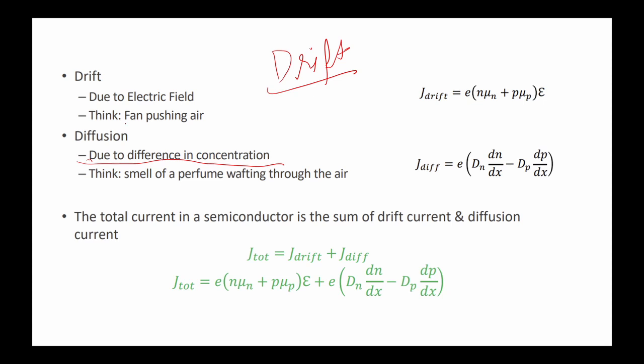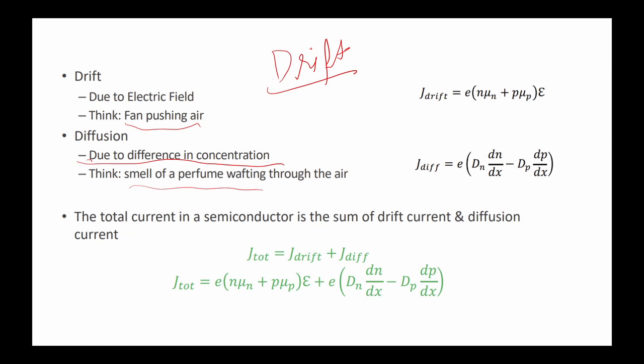On the other hand, if you spray a perfume at a corner, you can smell it everywhere. That is because of the concentration gradient of the chemical, which is present there and not here. It moves from higher concentration to lower concentration.